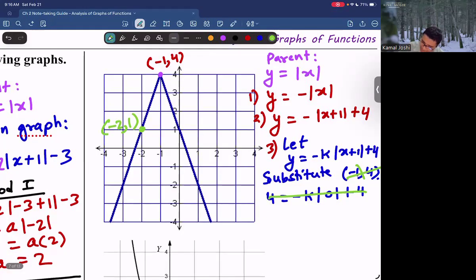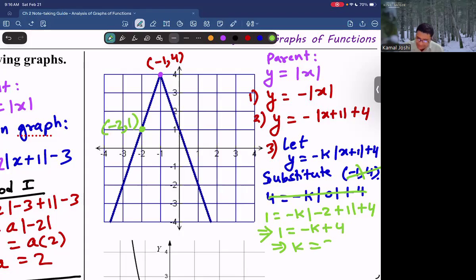And you get 1 equals minus k times the absolute value of -2 plus 1, plus 4. Now you solve it. 1 equals, the magnitude of -2 plus 1 would be 1, plus 4.